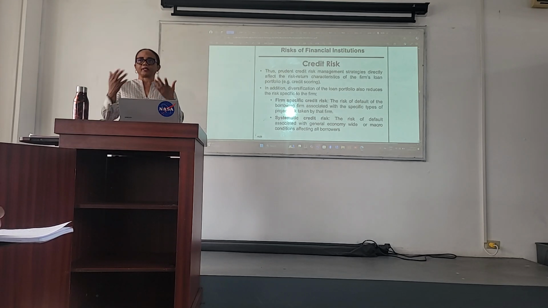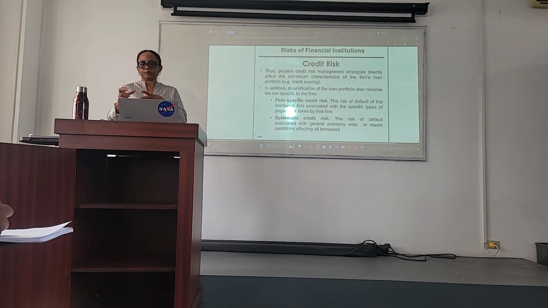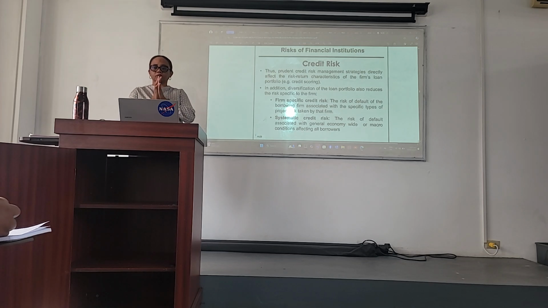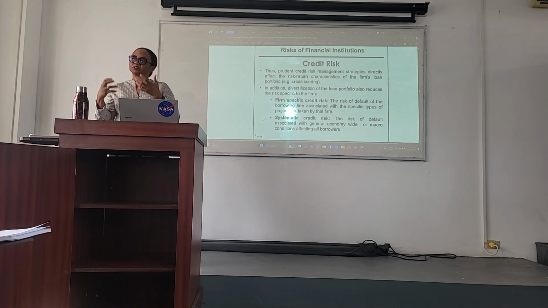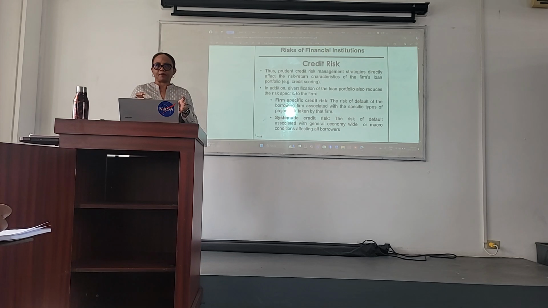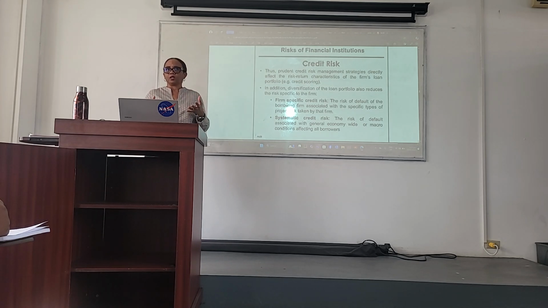So when a bank is lending to a company, you get a risk that arises from the type of company you have, because of the business they're in, they present a particular type of risk.